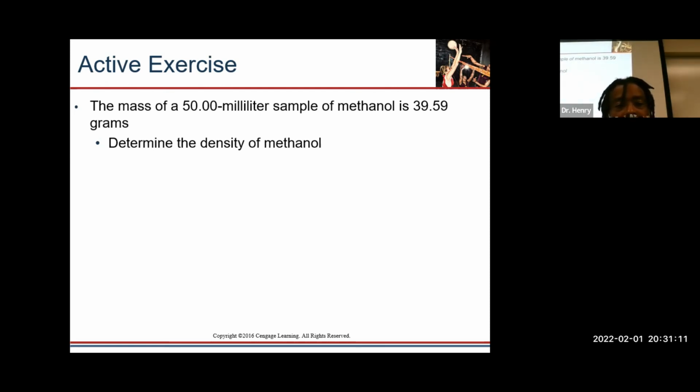We're going to divide mass over volume, because we know that density equals mass over volume. So that's 39.59 grams per 50 mL.